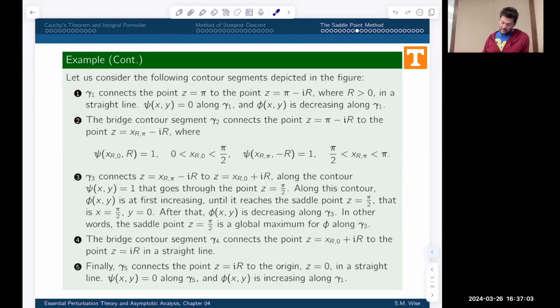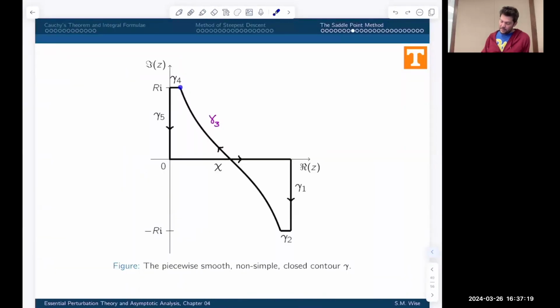Okay. Now gamma 3 is going to connect xr pi minus ir to z equals xr0 plus ir, where xr0 is this point up here. Let me say it correctly, xr0 and ir. That's this point right here.